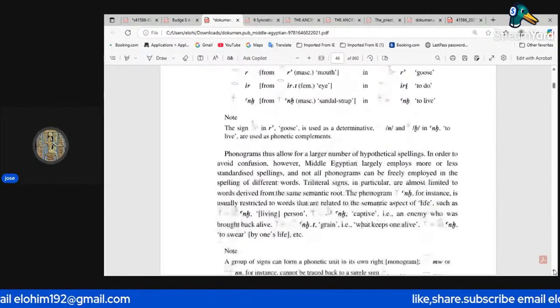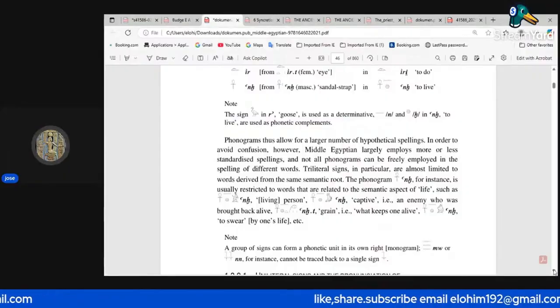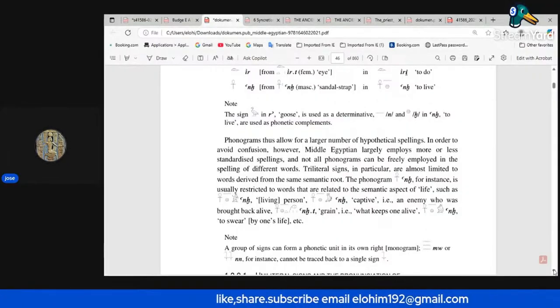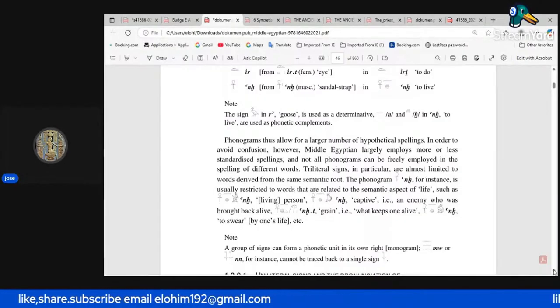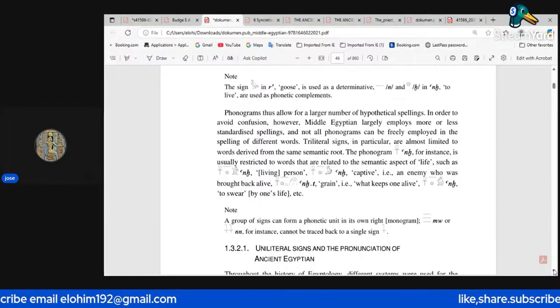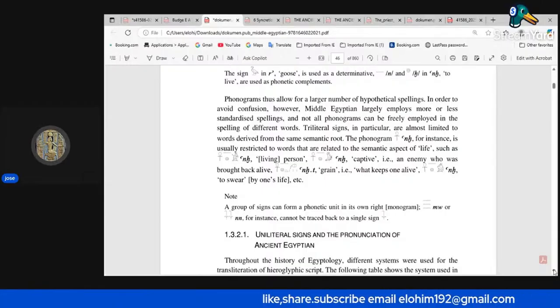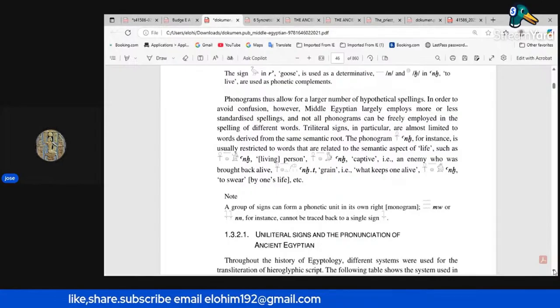Phonograms thus allow for a larger number of hypothetical spellings in order to avoid confusion. However, Middle Egyptian largely employs more or less standardized spellings, and not all phonograms can be freely employed in the spelling of different words. Trilateral signs, in particular, are almost limited to words derived from the same semantic root.